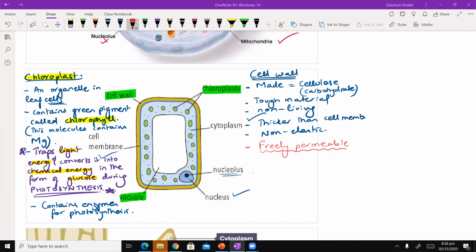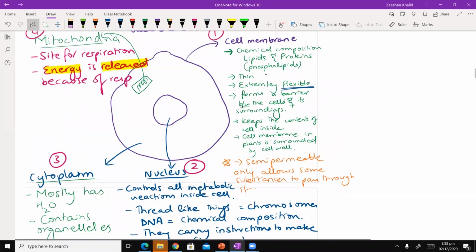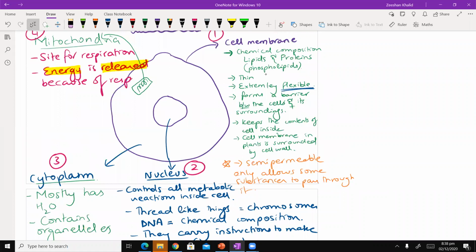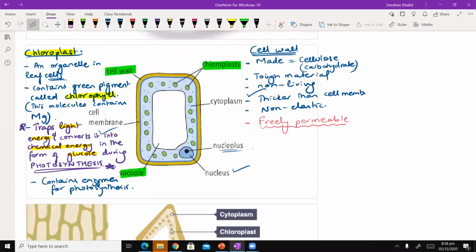Excellent. Exactly. So as I said, in case of the cell surface membrane, when you are writing that it is semi-permeable, you also have to qualify your answer with the correct explanation, that it only allows certain things to pass through. Similarly, when you're talking about the cell wall, the explanation for this will be: it has no control over what enters or leaves the cell.